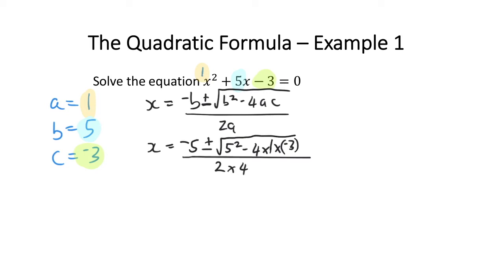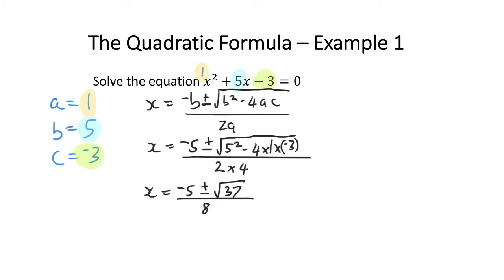After you have substituted in the values, you can start to solve. 5 squared minus 4 times 1 times negative 3 is equal to 37. So x is equal to negative 5 plus or minus the square root of 37, divided by 2 times 1, which is 2.